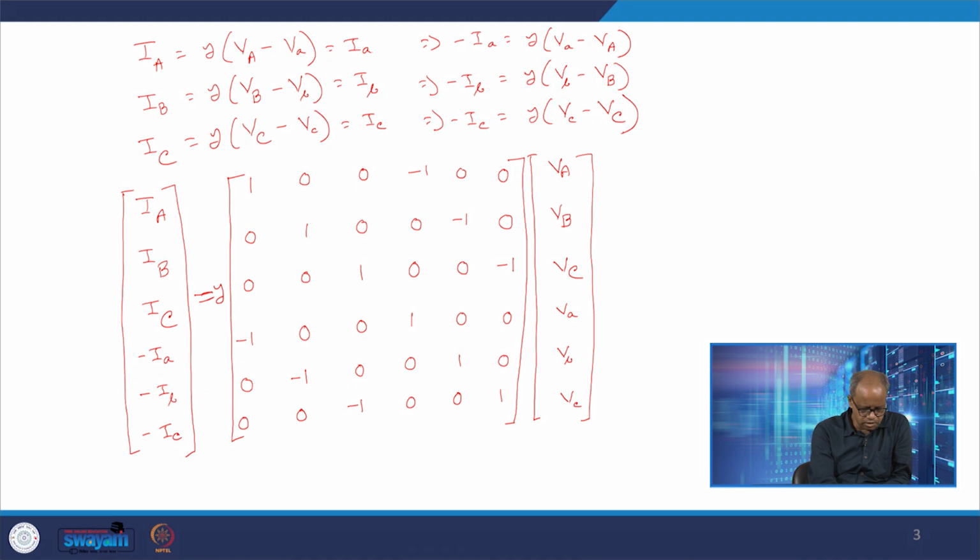So what we do now is partition it. So this matrix is y1, this matrix is y2, this matrix is y3, and this matrix is y4.